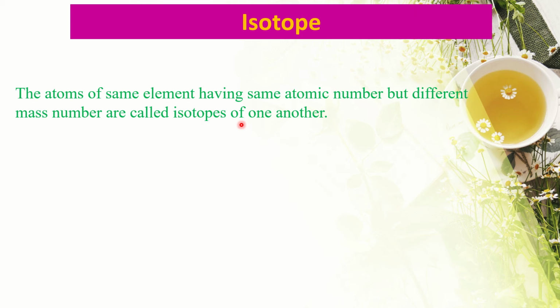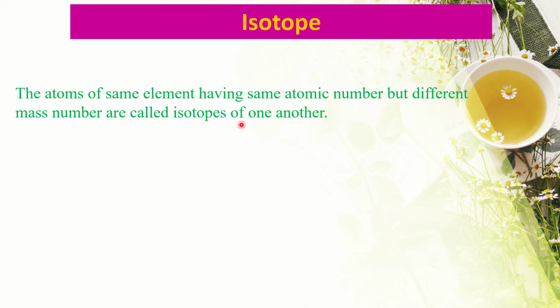In previous class, I gave a chart of some elements with their atomic number and mass number. There you saw that in chlorine atom, its mass number is 35 and 37. That means chlorine atom has two mass number, 35 and 37, because their neutron numbers are different.